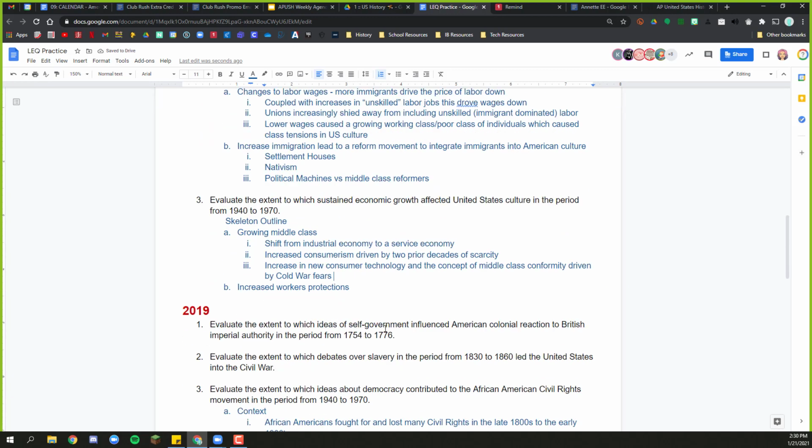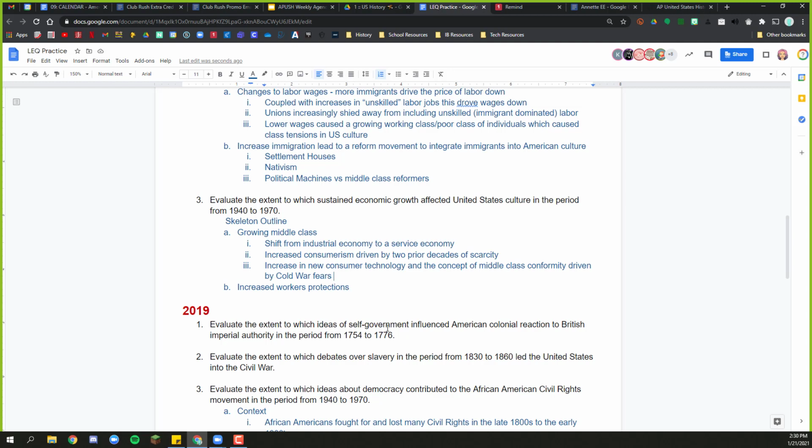All right, so when I'm evaluating sustained economic growth in this culture, what I want to talk about is how that sustained growth fostered a middle class. Part of the reason was, number one, the shift to a service economy. We have an increase in consumerism between the 1930s, where everybody was very poor because of the Depression, and the 1940s, where people had money but nothing was being produced for consumers because of the war.